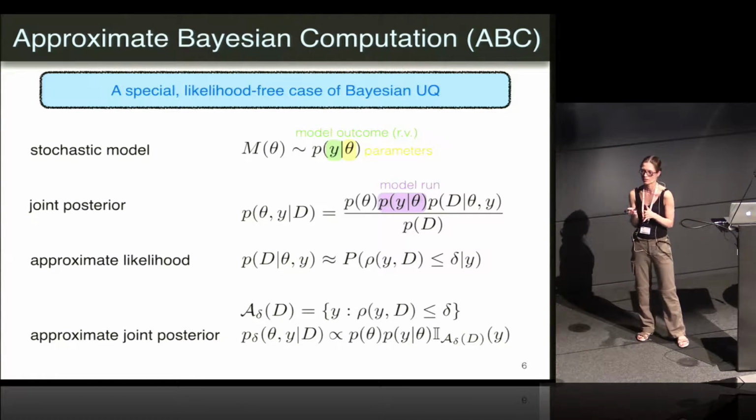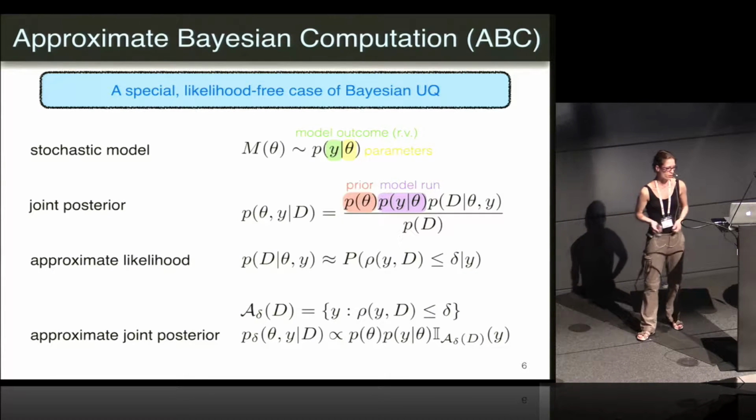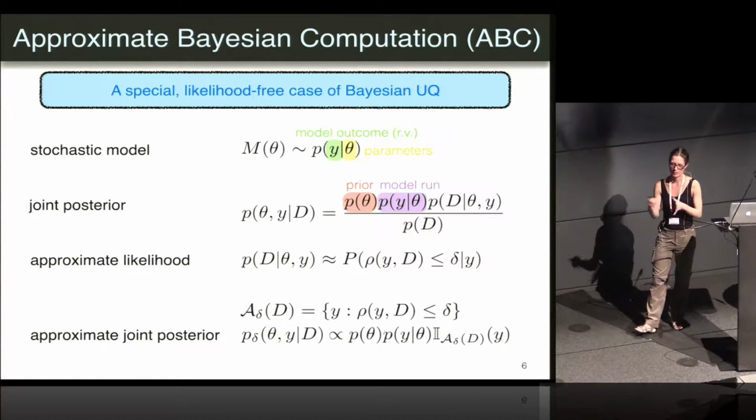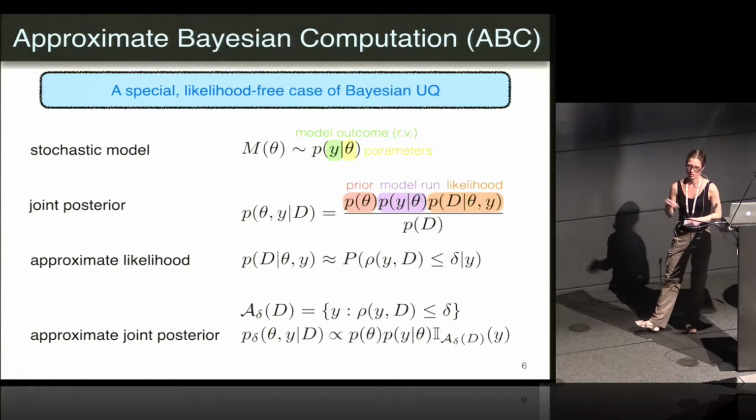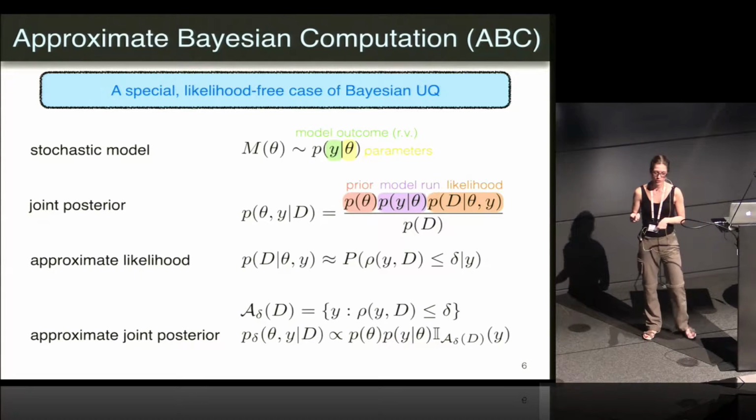This is the probability of jointly observing the specific parameters and the specific outcome of the model. This again can be expanded by Bayes' theorem. And here you can see, as before, the prior and the likelihood, and the probability of a model outcome.